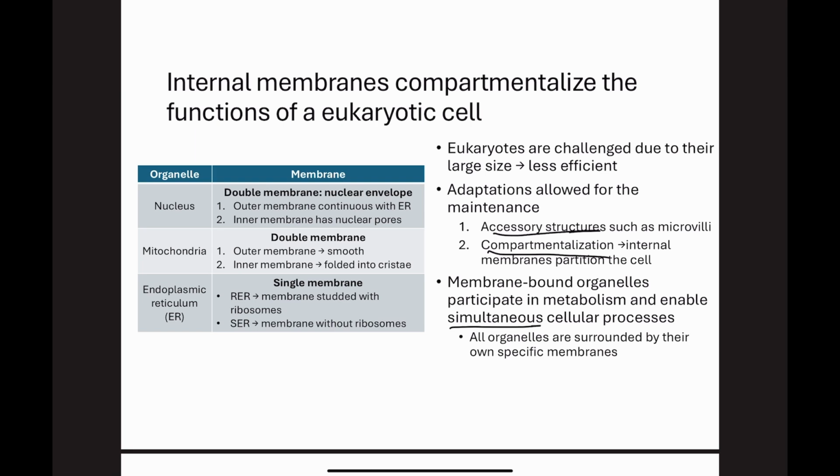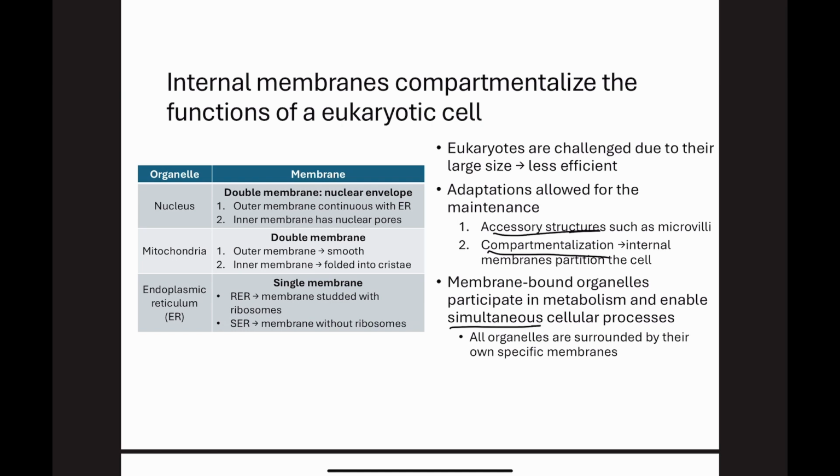Normally, so many metabolic processes can't happen at the same time, which is what we see in our prokaryotes and why they're so simple. But because we have separated membrane-bound organelles, we can do a large variety of metabolism at the same time.